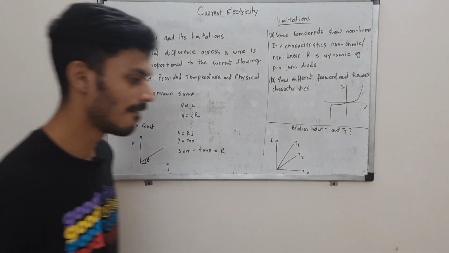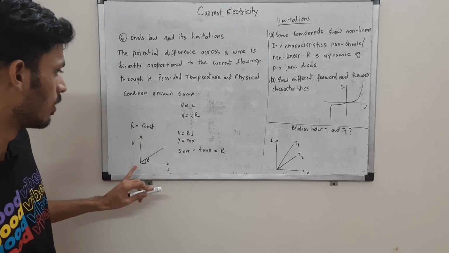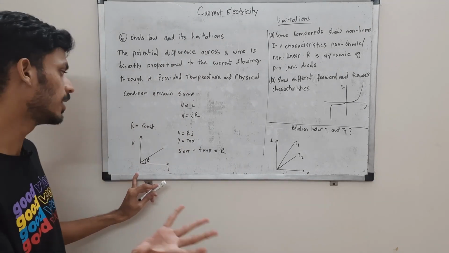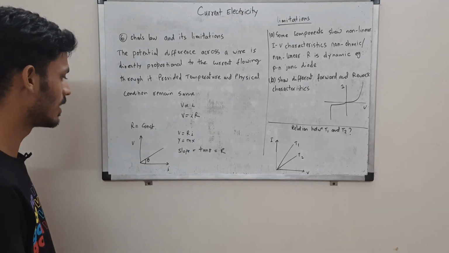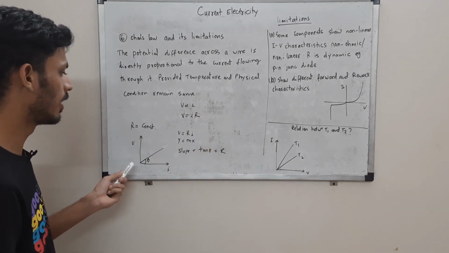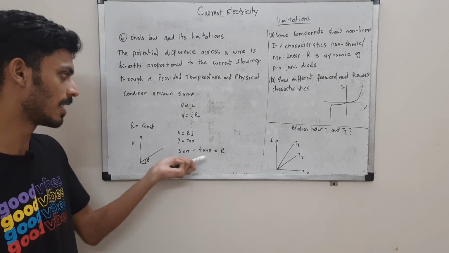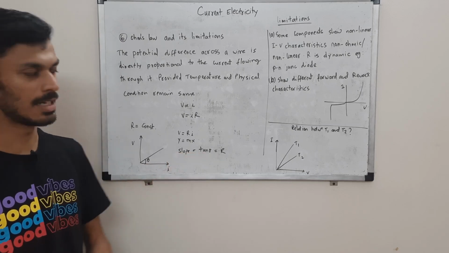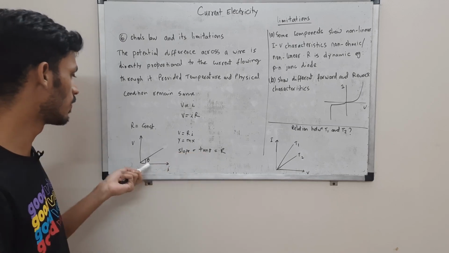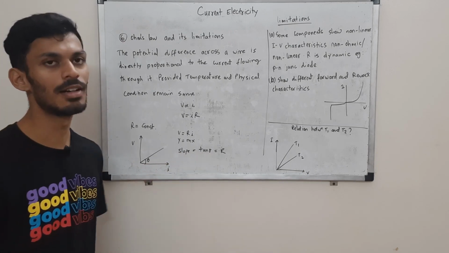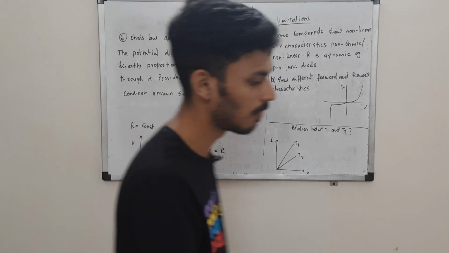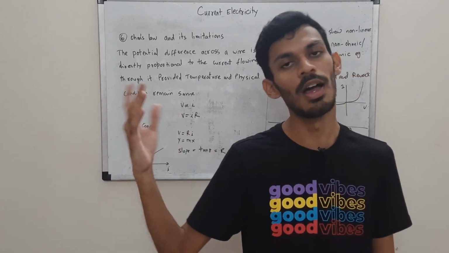So the plot of V versus I gives you a linear line in most cases. In case of your usual resistance, it will give you a linear line, and the slope of that graph will give you your resistance. Slope is equal to tan theta. So if theta is given, tan theta, which is also the slope, will be the resistance. The slope of the VI graph gives you resistance.